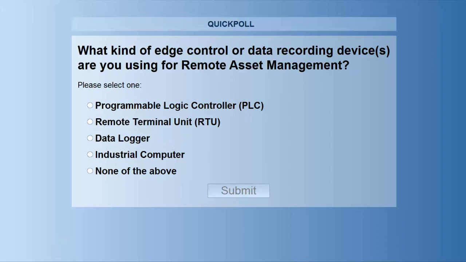There are 4 different types as I identify them in the application: primarily PLC, RTU, data logger, and people are starting to use industrial computers. If none of these is listed, please click none of the above.